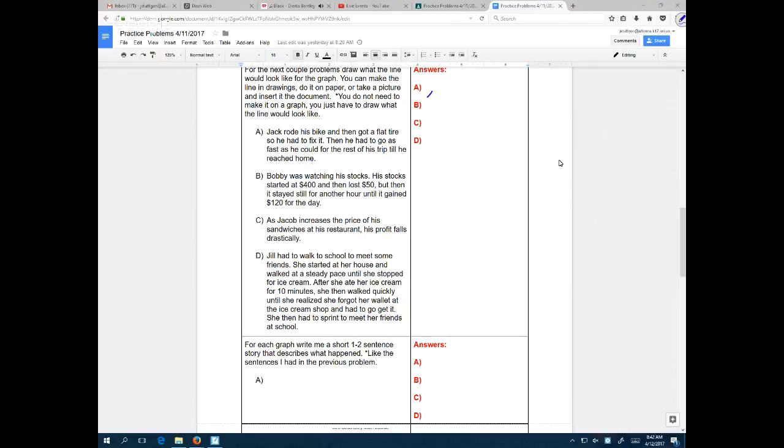Again, I'm just looking for the general shape of the line. Everyone should look somewhat similar. Very good. It should go up, go flat, because that's showing that he had to fix his tire, and then it should be steeper the second part.